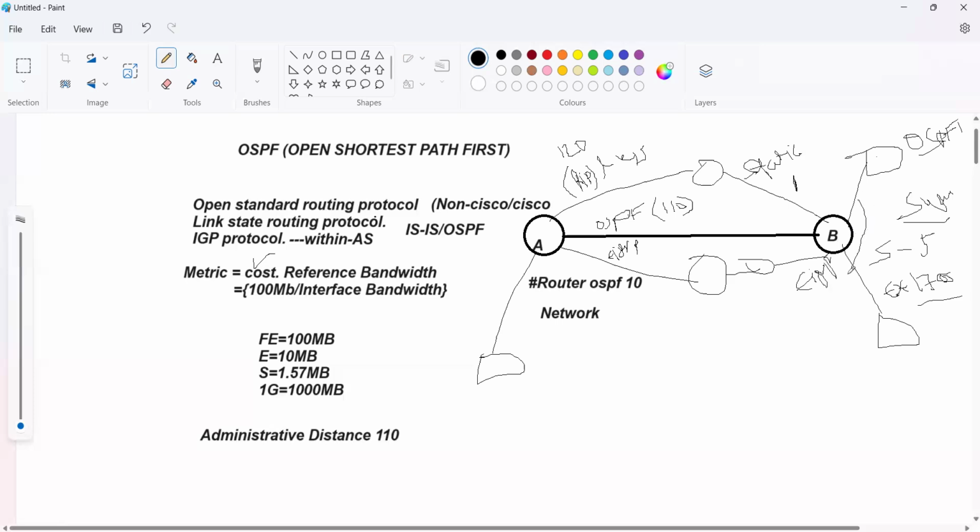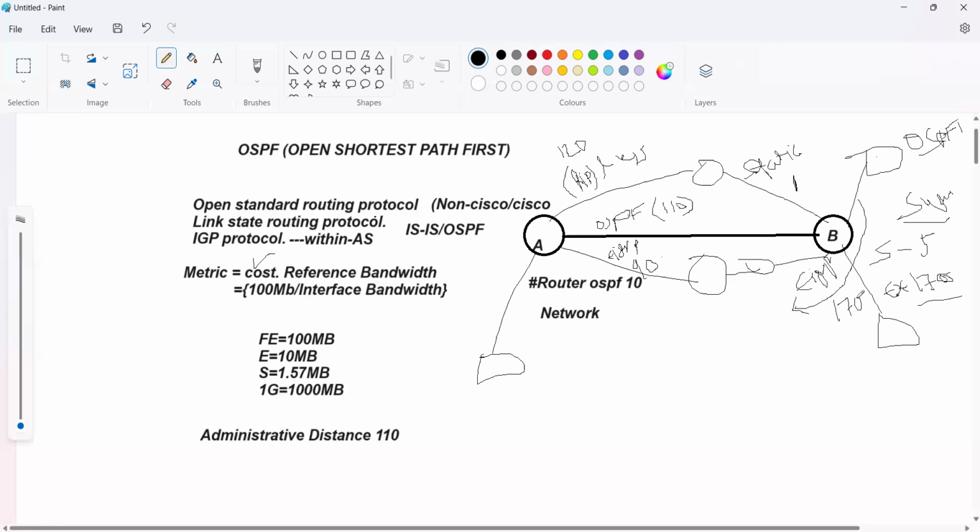Whenever you redistribute these prefixes into EIGRP, that AD value will be 170. But for EIGRP internal prefixes, it will be 90. So whichever has the less AD value, that route is the best one.